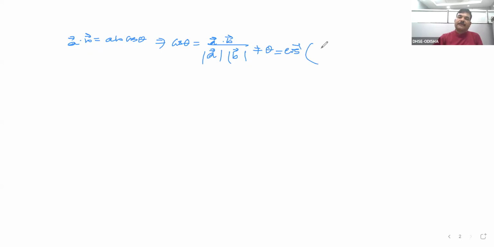So A dot B is equal to AB cos theta. This implies cos theta is equal to A dot B upon A mod into B mod, that is magnitude of A into magnitude of B. This implies theta is equal to cos inverse of A dot B upon A mod into B mod.